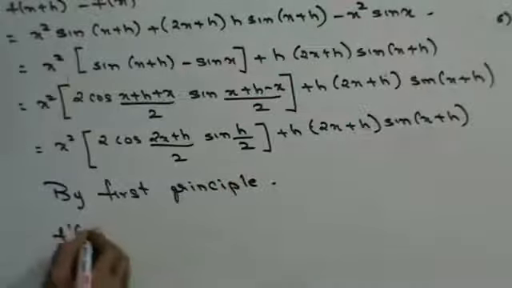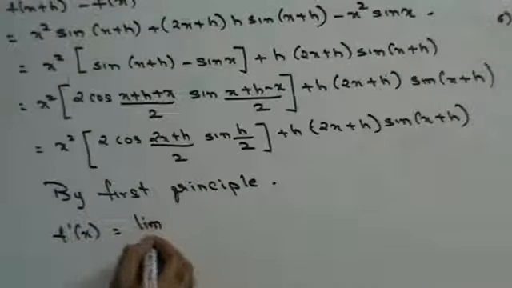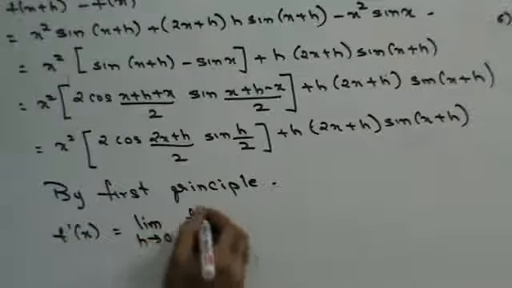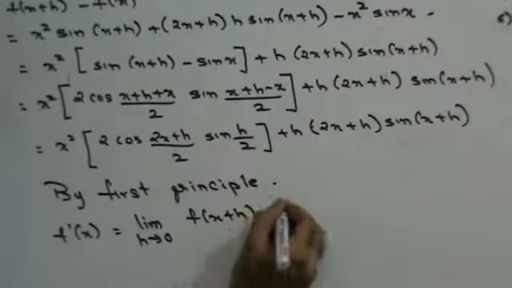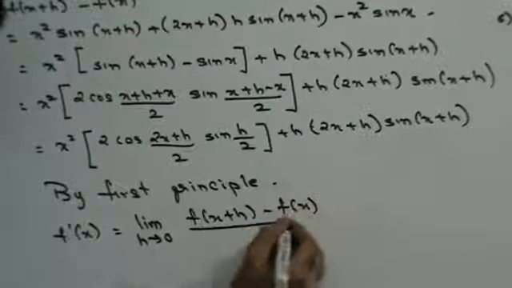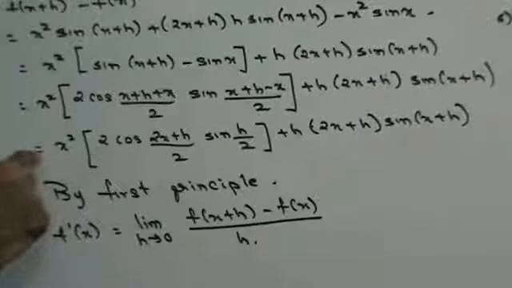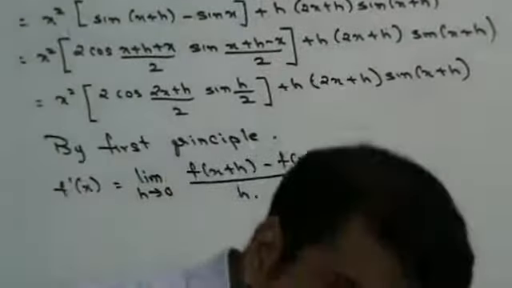By first principle, f dash of x is limit of h tends to 0, f of x plus h minus f of x upon h. We just found out the value of f of x plus h minus f of x.